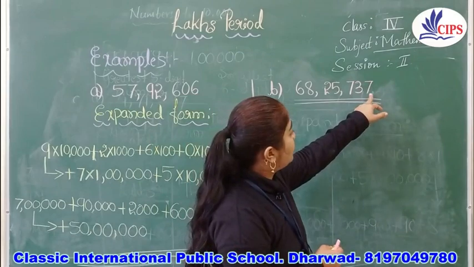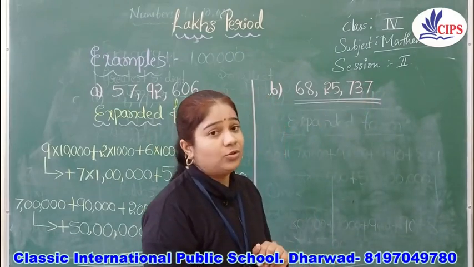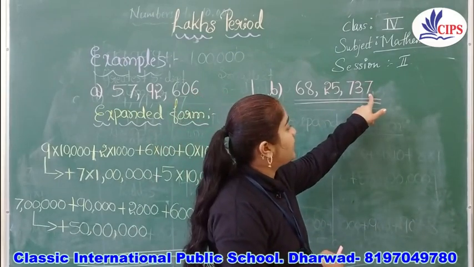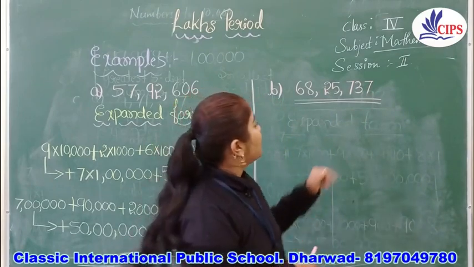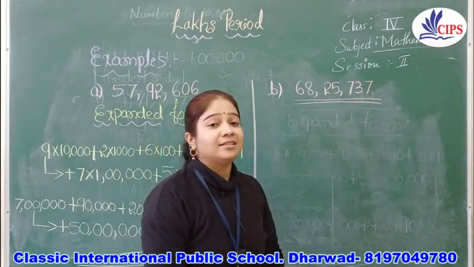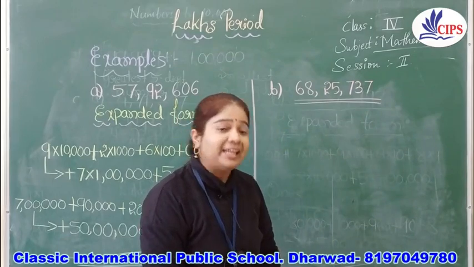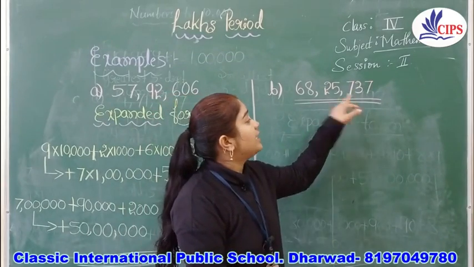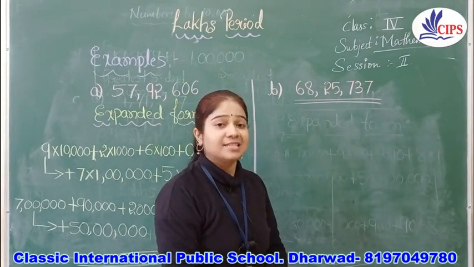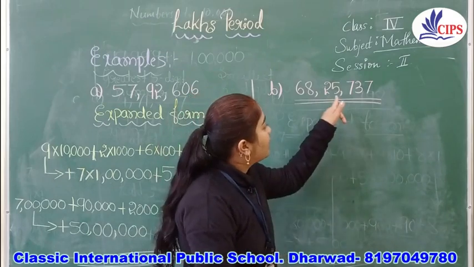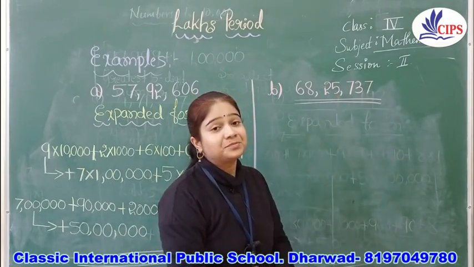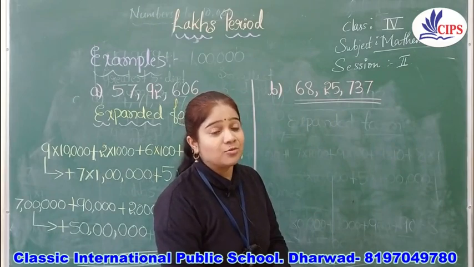So, here it is the ones place. You know that. What's there in the ones place? 7. Okay. What's there in the tens place? It is 3. Right. What's there in the hundreds place? 7. Okay. And 5 is in which place? 10,000?